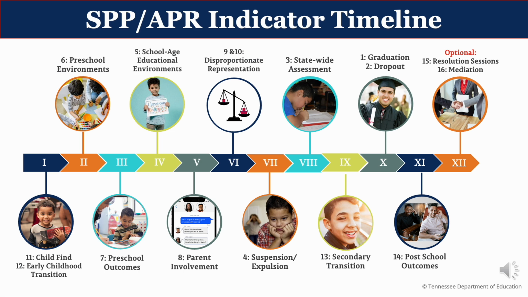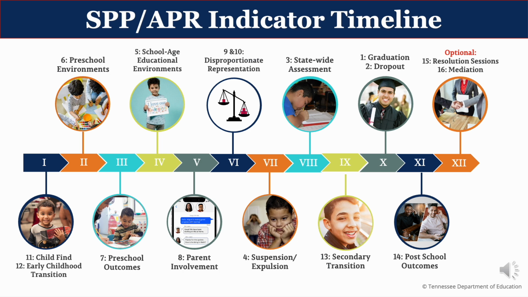This flag is reflected in the timeline but is considered optional, as it may not apply to all students. While Indicator 15, resolution sessions, and Indicator 16, mediation, provide important procedural safeguards for families, not all parents will choose to engage in these processes.